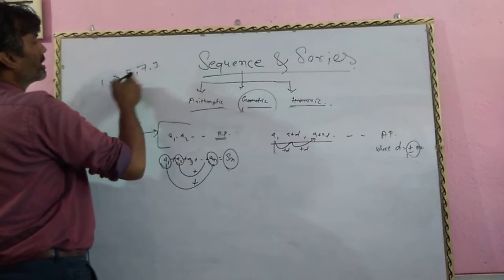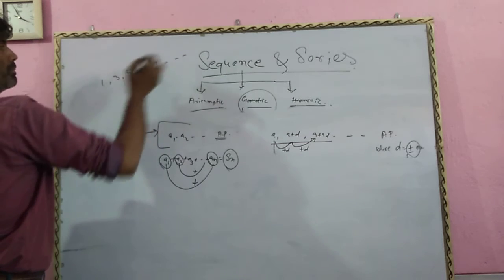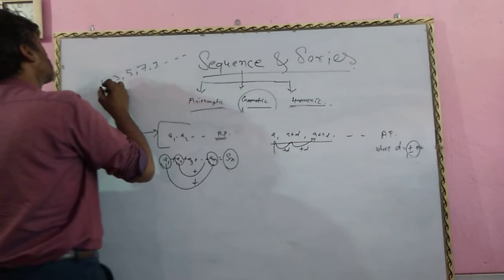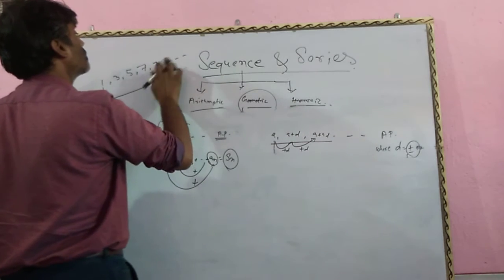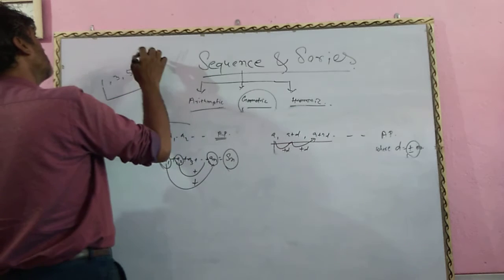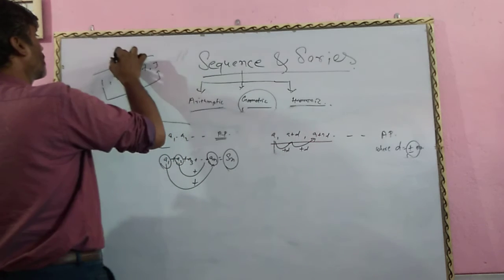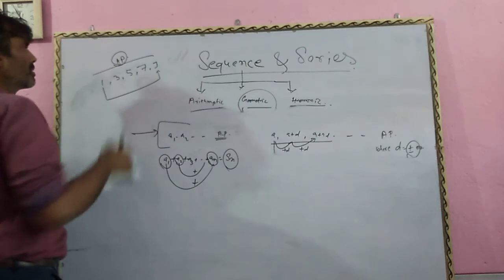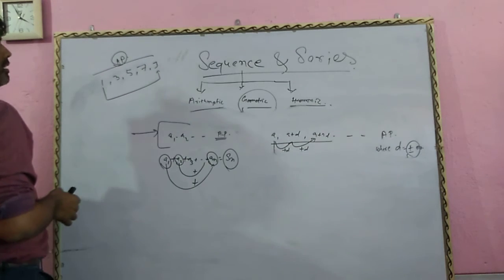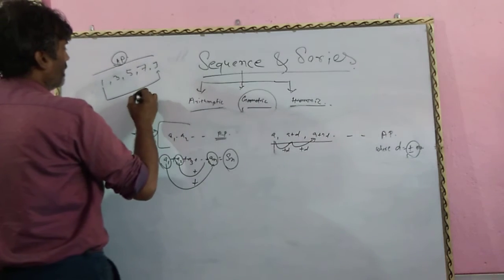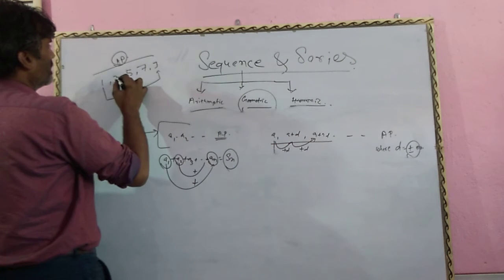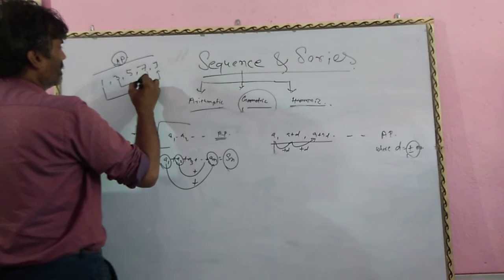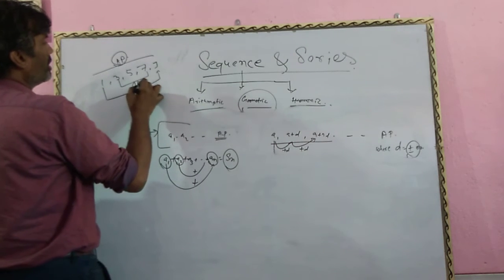These are all in arithmetic sequence. Then first term plus last term is 10, second term plus second from last term is 10.